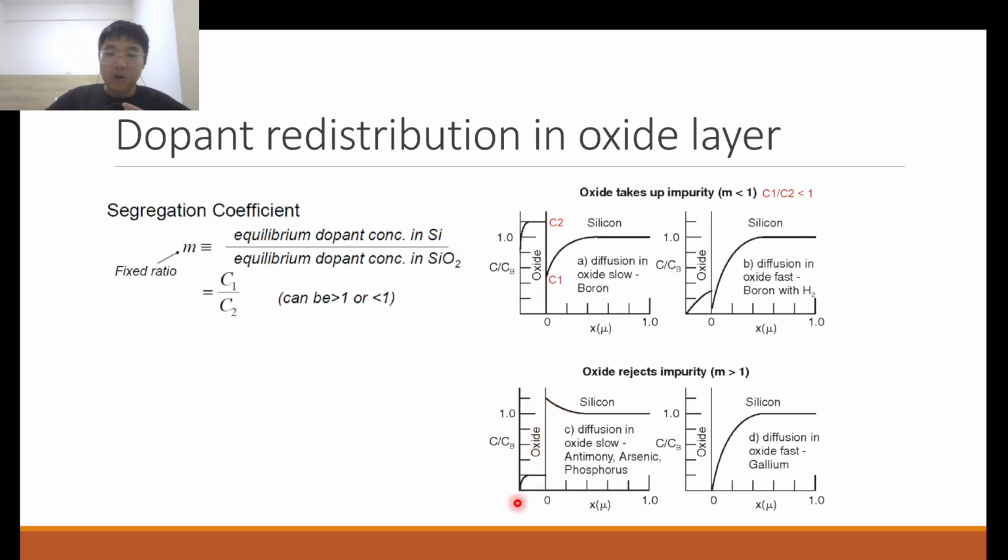There's a low dopant concentration in the oxide, and there's a build-up of dopants at the interface between the silicon and the oxide, on the side of the silicon. However, when the dopant diffuses rapidly through the oxide, there can still be a drop off of the dopant concentration because these dopants are released into the atmosphere or into the environment.